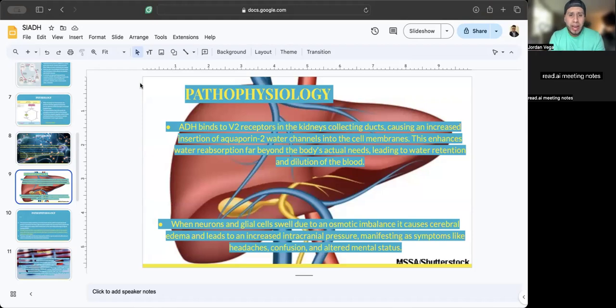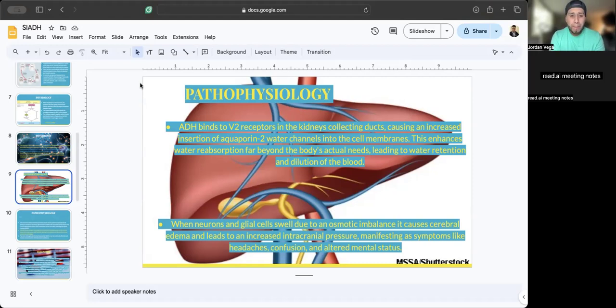Antidiuretic hormone binds to V2 receptors in the kidneys' collecting ducts, causing an increase of aquaporin water channels in the cell membranes. This is a problem because it enhances water reabsorption beyond the body's actual needs, which ultimately leads to water retention and dilution of our blood.